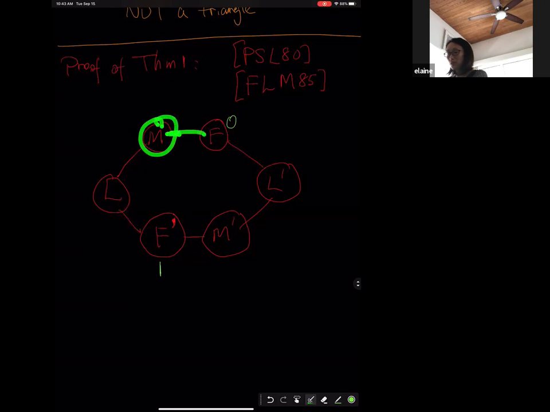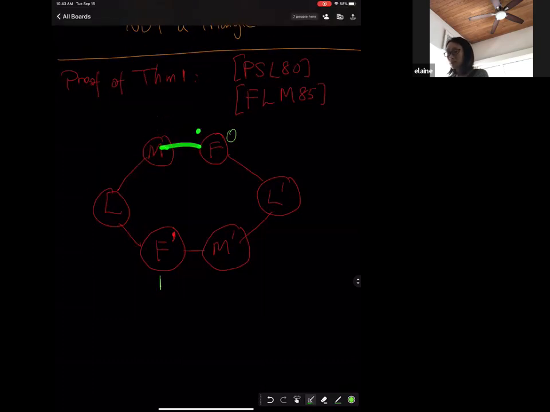When it receives a message on this link, the protocol learns that some message has been received from F. When it receives a message on this link, the program learns some message has been sent from L, and then it runs the program and decides what message to send to F and L.